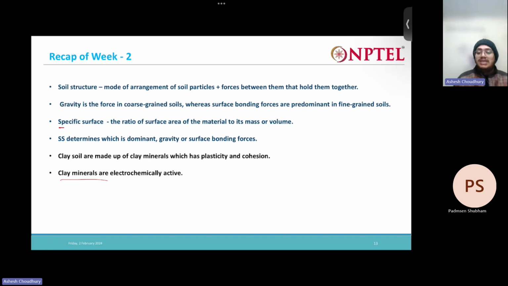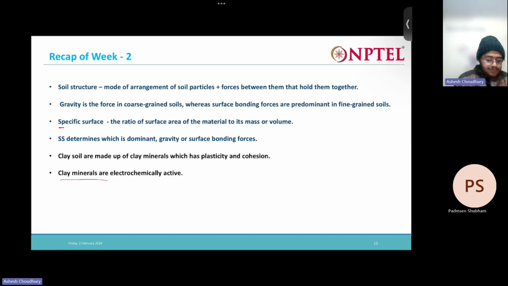For fine grained soil, the specific surface is very large. The specific surface determines which is dominant, gravity or surface bonding. If it is very large, the soil is fine grained and the surface bonding forces are dominant.